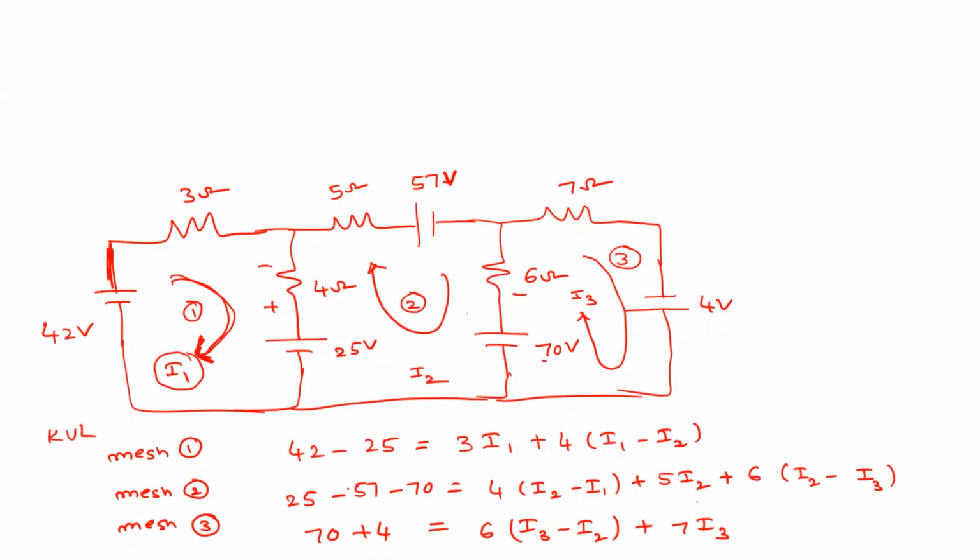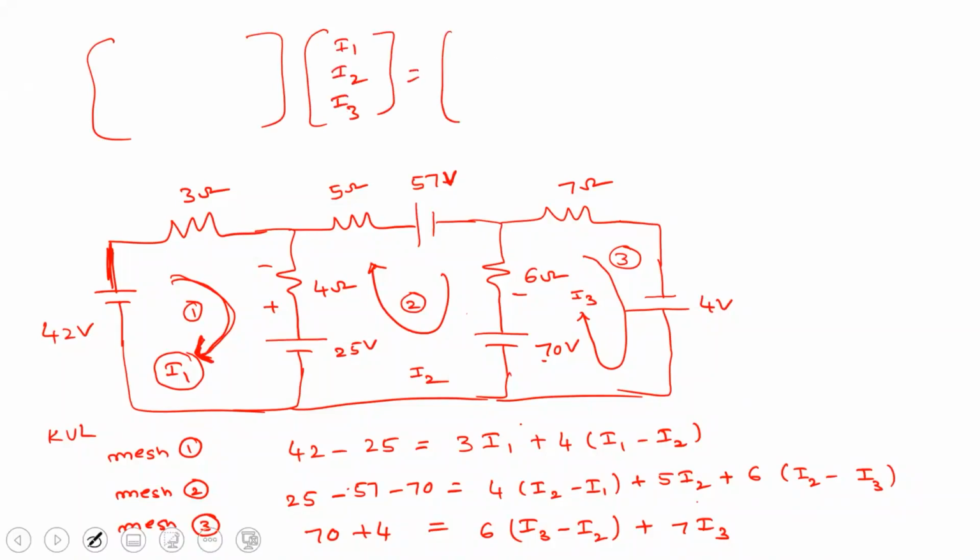Okay, so can we put these things in a matrix form? The matrix will be something like this. You have I1, I2, I3, and on the other side you have the voltage matrix. Put these equations in matrix form.